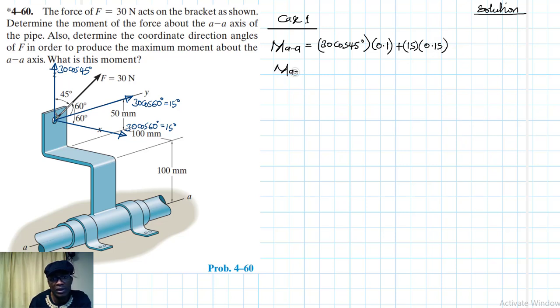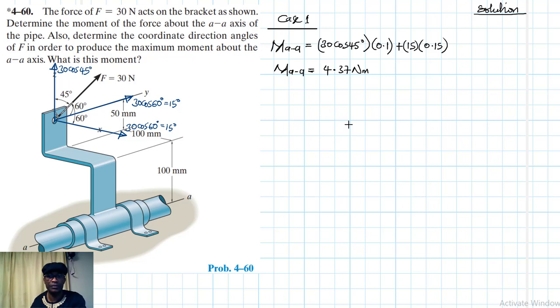Therefore, the moment about the AA axis will be equal to 30 cos 45 by 0.1 plus 15 by 0.15. So this gives us 4.37 Newton meters.